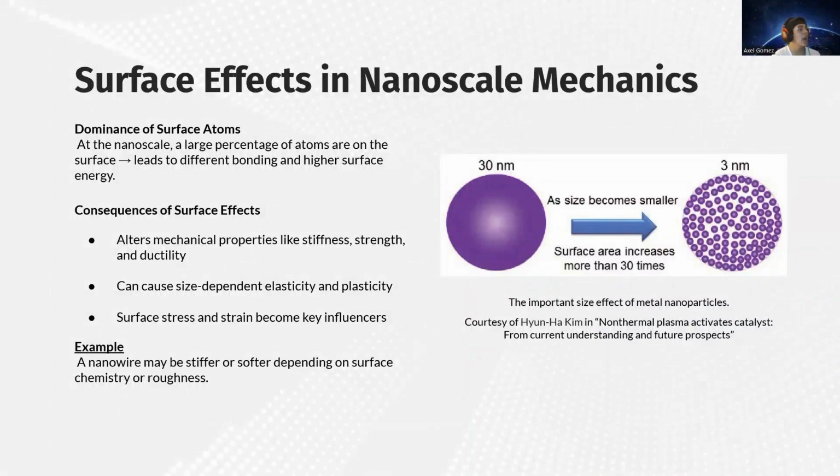For instance, a copper nanowire might become stiffer just because of a mechanical treatment on its surface. At this scale, even surface roughness or oxidation can change mechanical behavior. These effects are something we usually ignore at the macro level, but they are critical when we engineer things like nano devices or coatings.